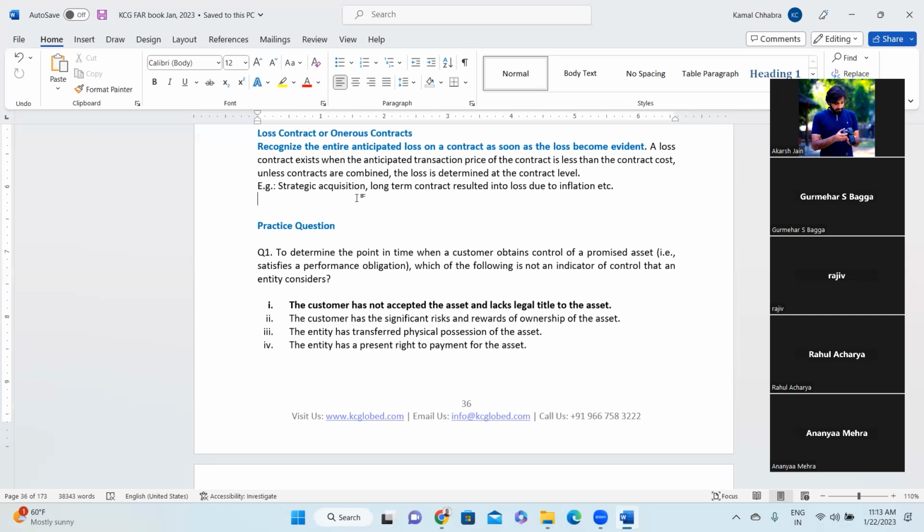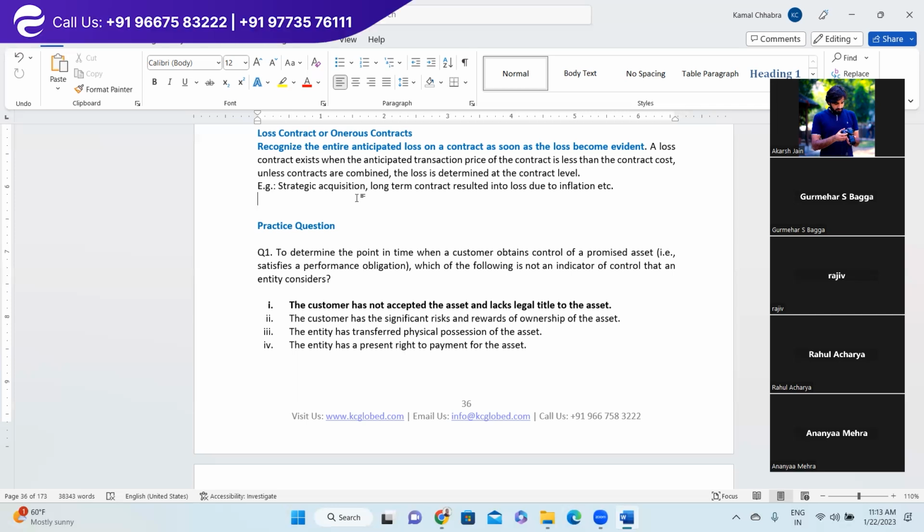If the loss is on account of your mistake, your wrong estimation, or maybe on account of inappropriate drafting of the contract, then you must book the loss upfront, same day, as and when you get to know you'll end up incurring the loss.